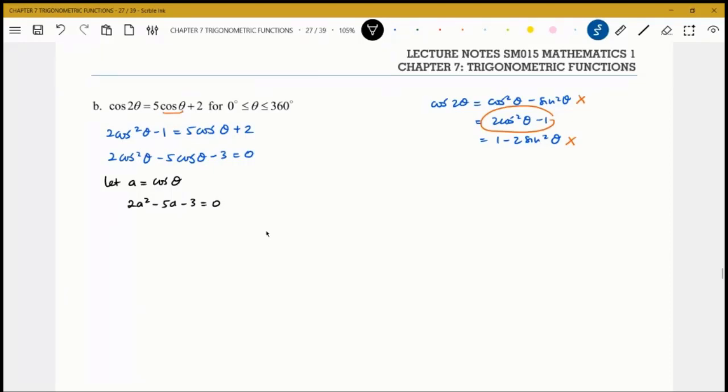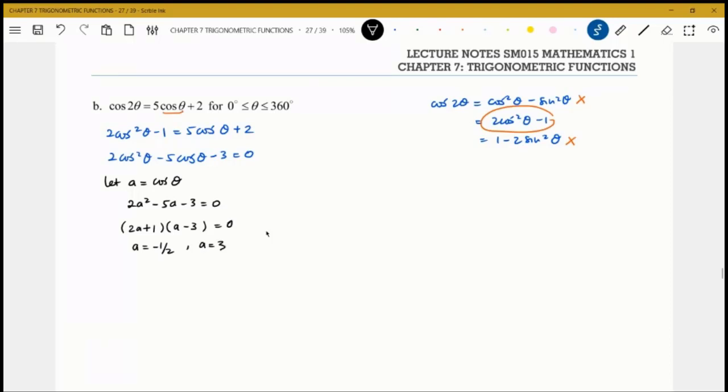Kalau factorize jadi apa? A minus 3, 2A plus 1. Okay, so it's going to be A equal to negative half and then A equal to 3.